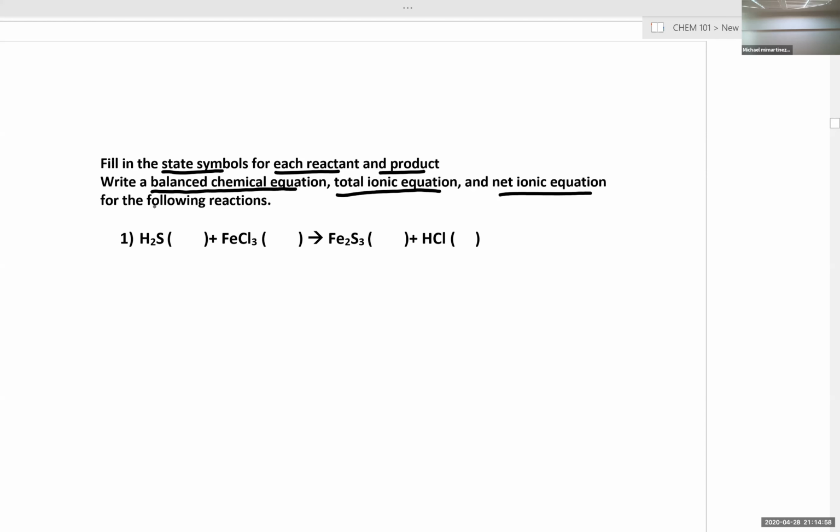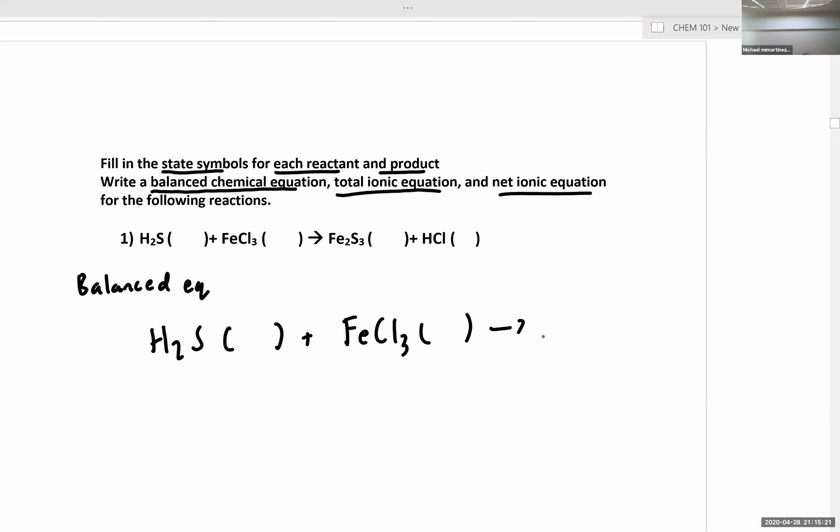Okay, so let's start procedurally and get a balanced equation. Is this equation balanced currently? No. Okay.